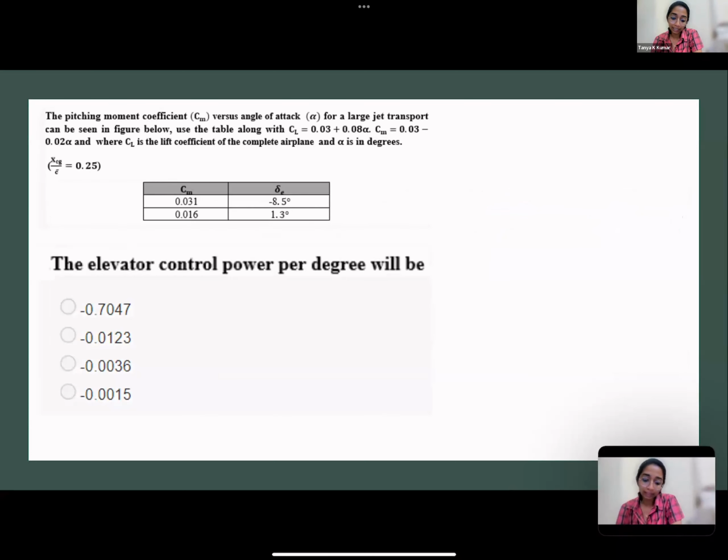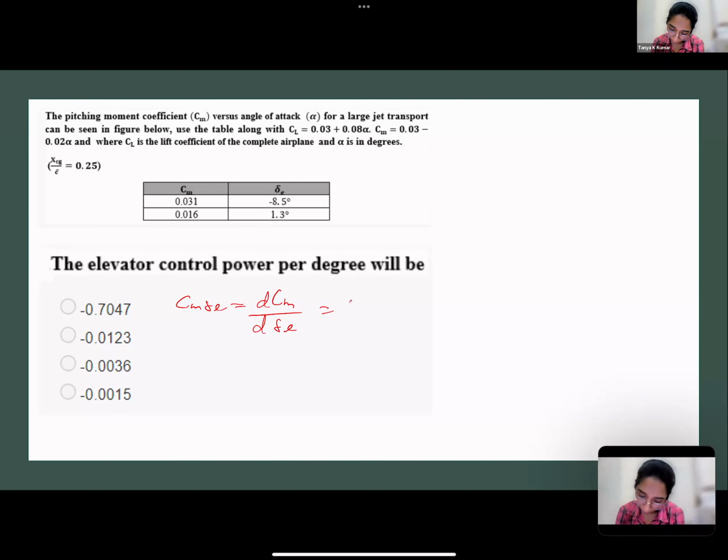The elevator control power per degree will be. We just did a similar question. How do we do this? What is elevator control power? It is CM delta E, which is dCm by d delta E. So just take those two points and find the slope.